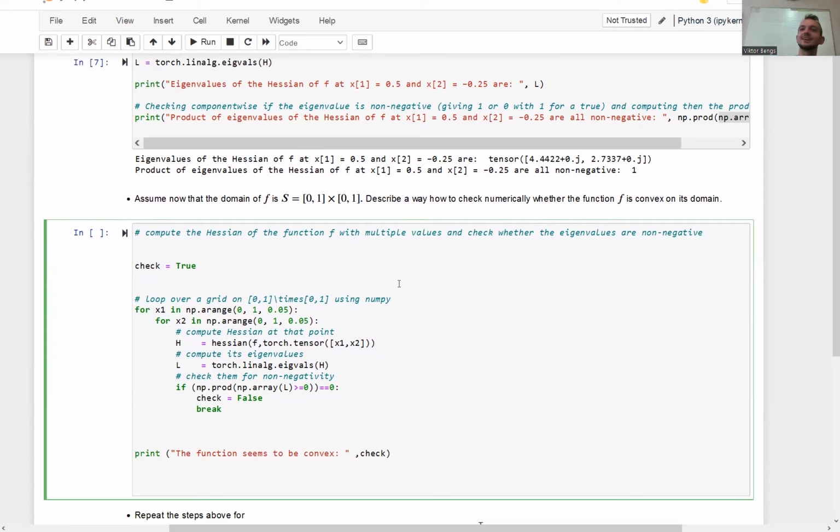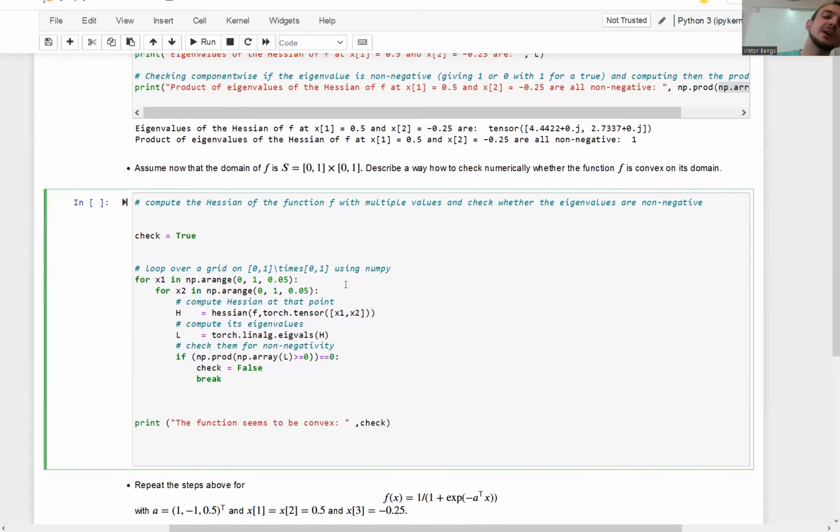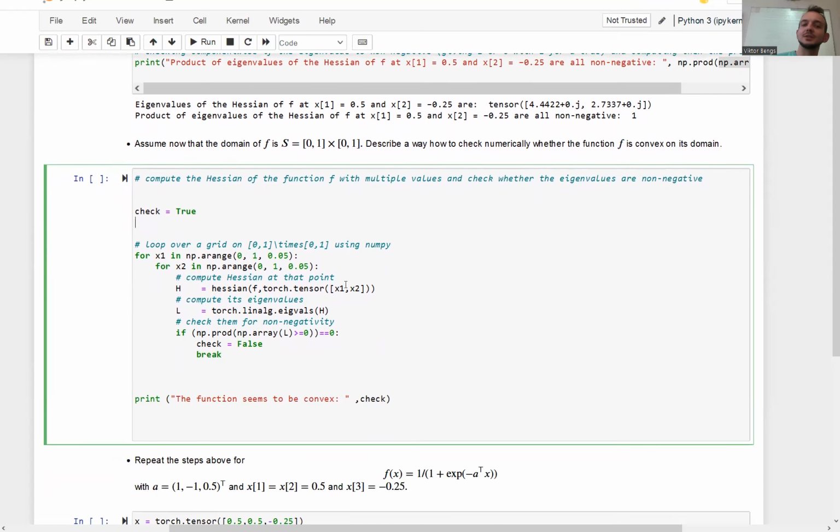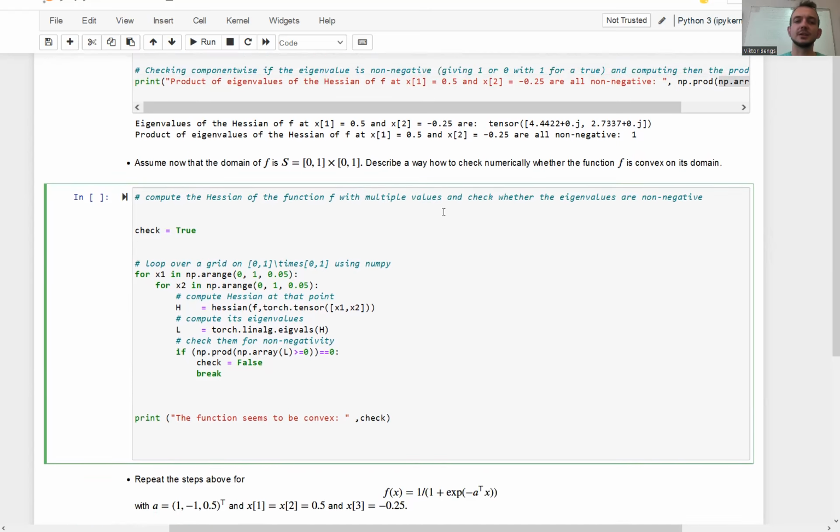You have to check one of the conditions, which we have done on the exercise sheet. But let's keep it like this. So this is one way how you can do this numerically to get a feeling whether a function is convex or not, at least on a specific domain.